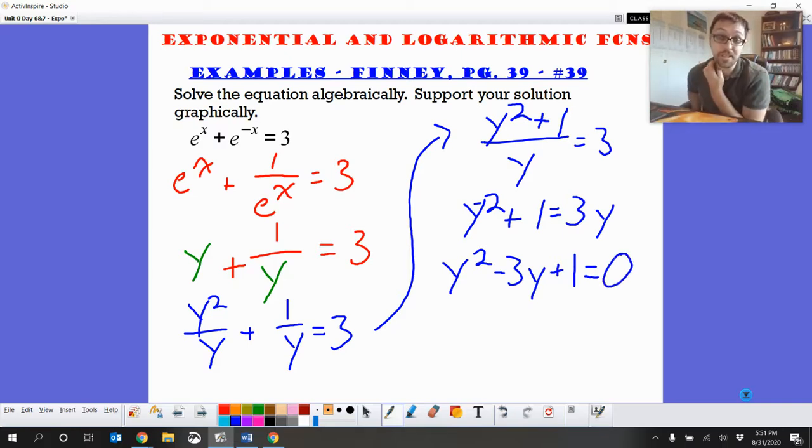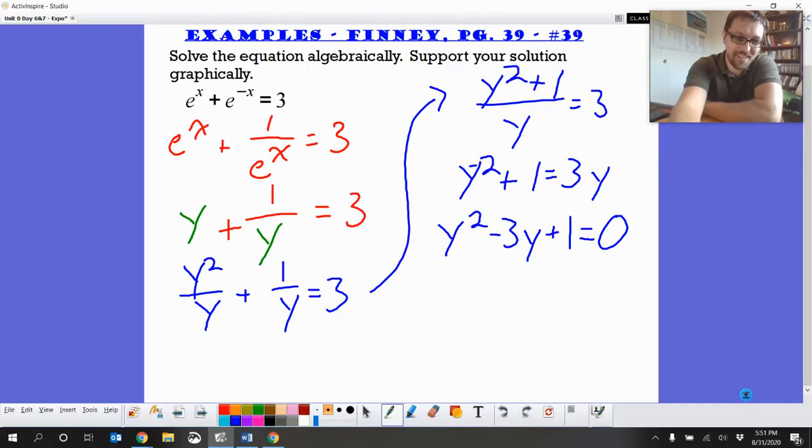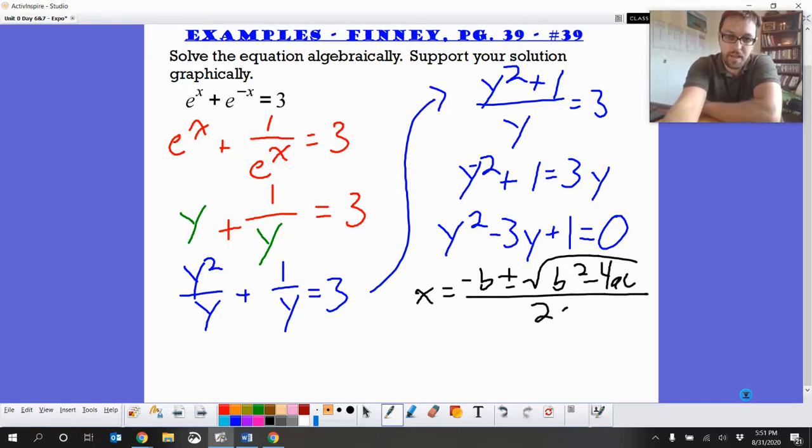Unfortunately, this one we can't factor. So in order to solve this thing, guess what we're going to have to use? It's time for the quadratic formula. I haven't done that in a while. So quadratic formula: x equals opposite b plus or minus square root b squared minus 4ac all over 2a.